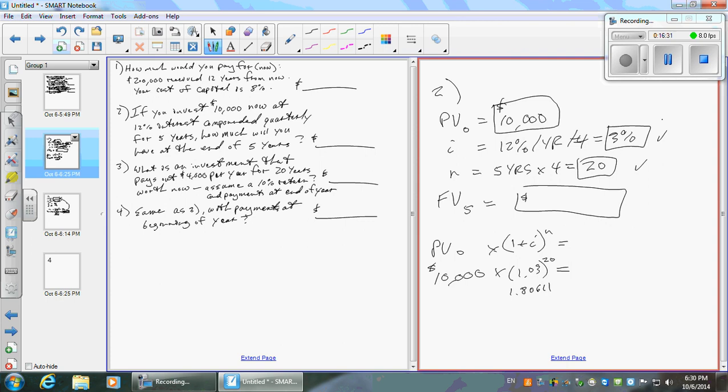What'll become worth $1.81? $1, 20 periods in the future, compounded at 3% interest, will grow to $1.81. Everybody got it? That's all you did. Wow, it's only 3% interest, but it's 20 periods. It's a long time, right? Okay. Is that more, by the way, than 12% would have been for 5 years? More or the same or less?